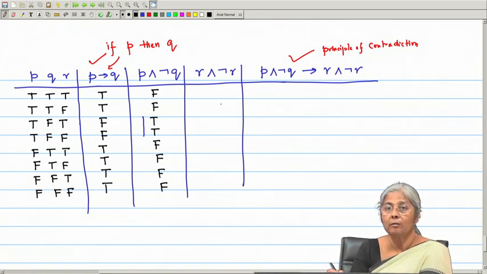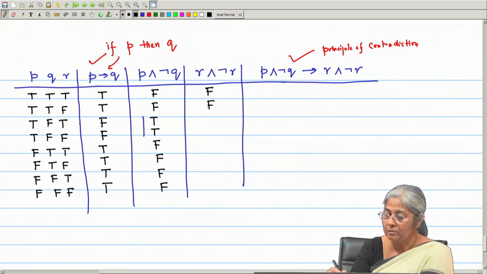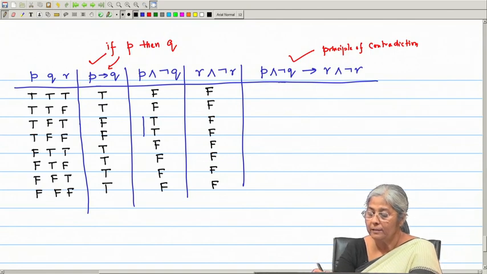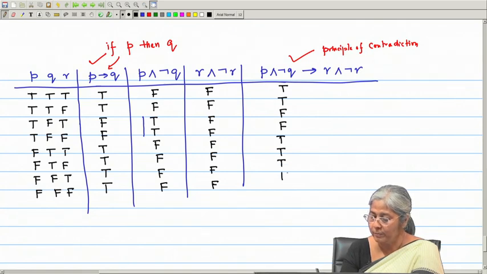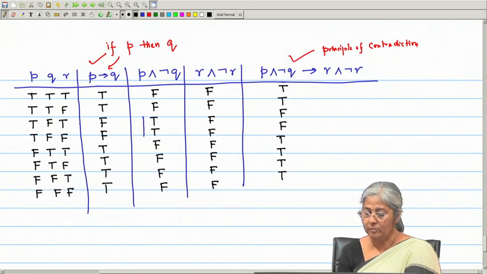What is R and negation R? Always false. Now, we see P and negation Q implies R and negation R. So, F implies F is true, true, only in these two cases, T implies F, we know these are false, and the remaining all are true.